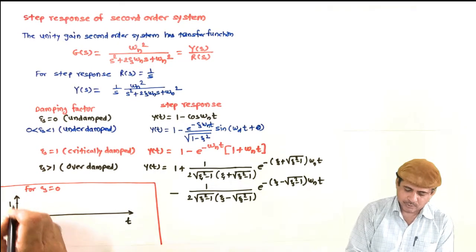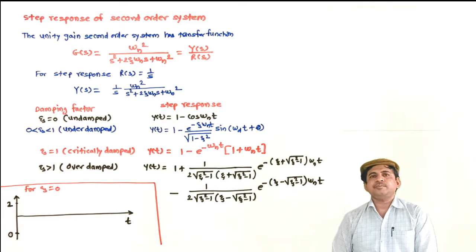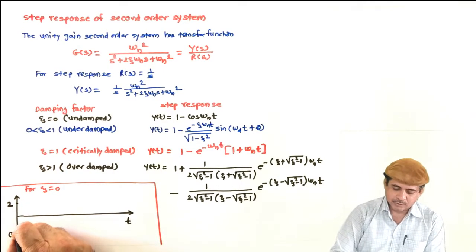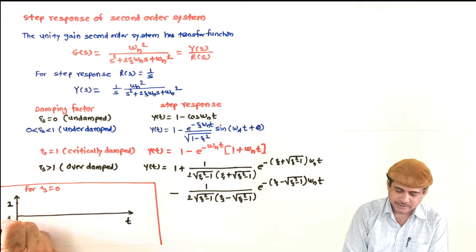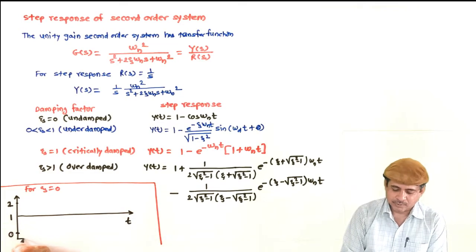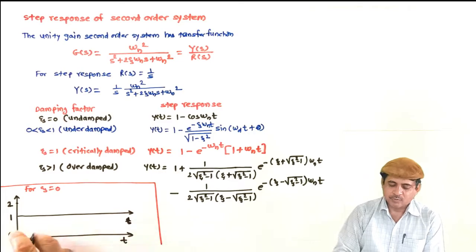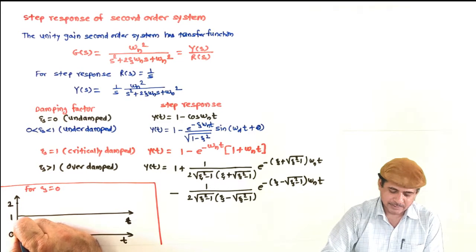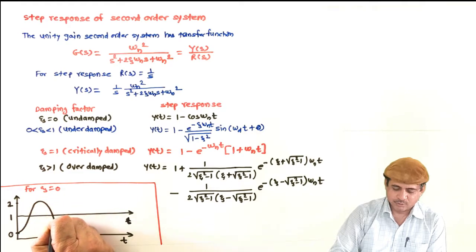So this will be 0, 1 and 2. Initially when t is equal to 0, its value is 0. It is starting from 0 and maximum it is 2.